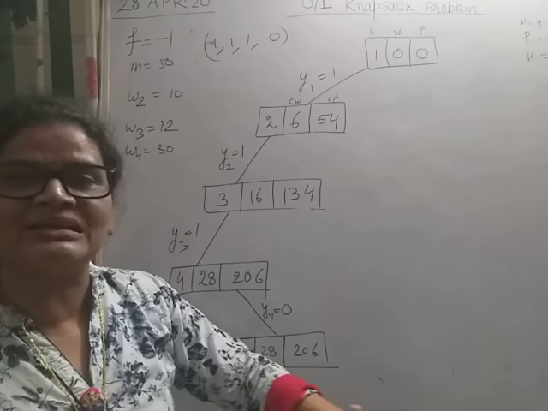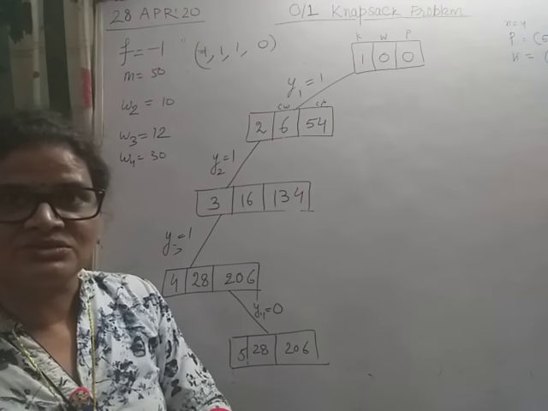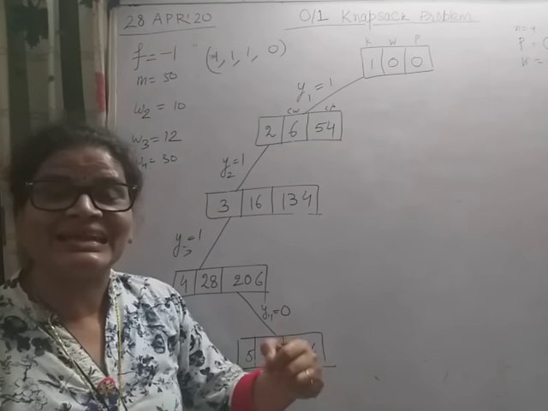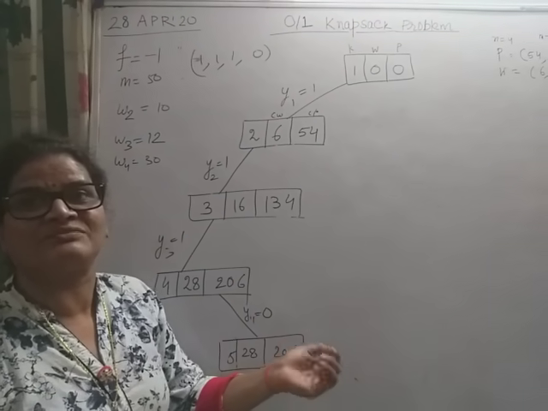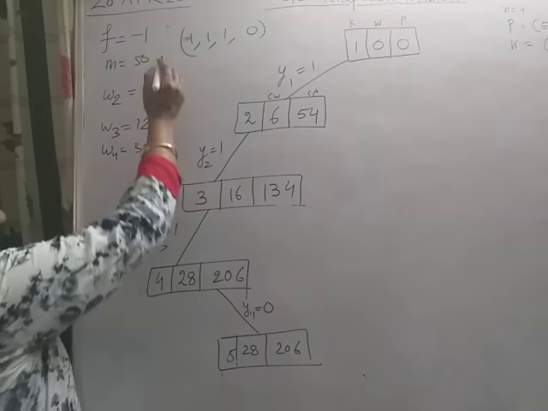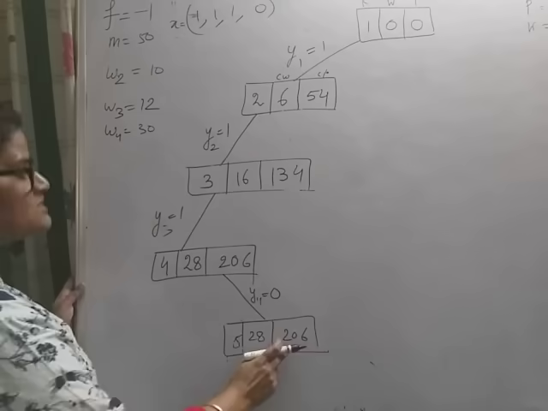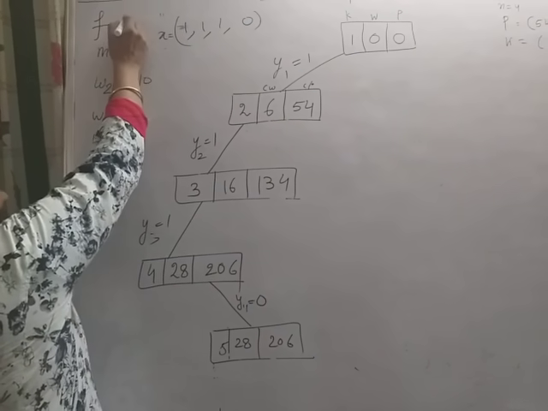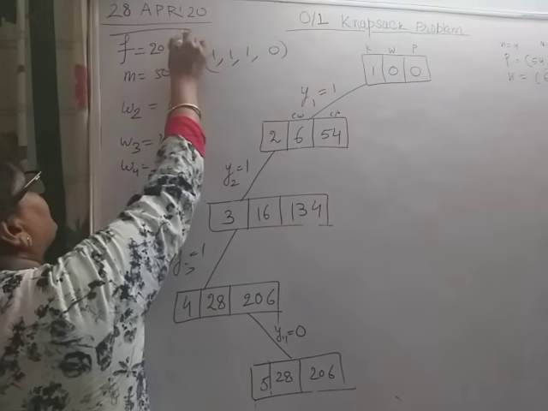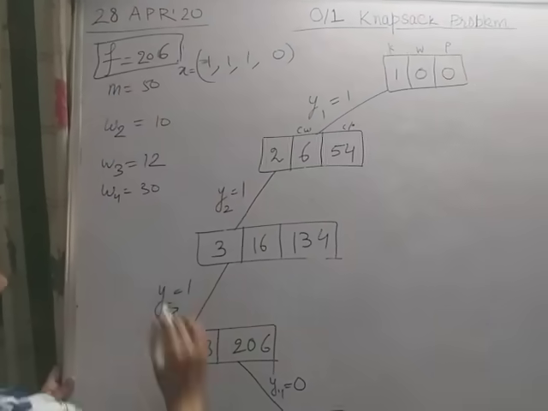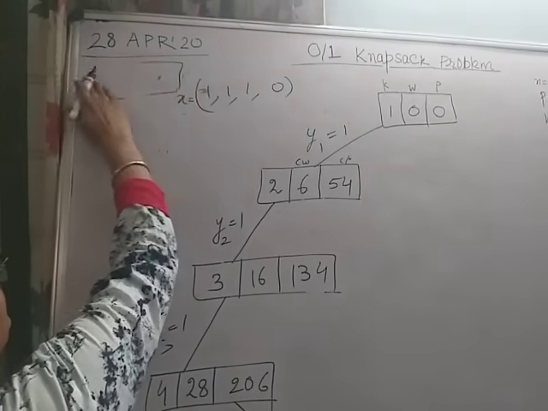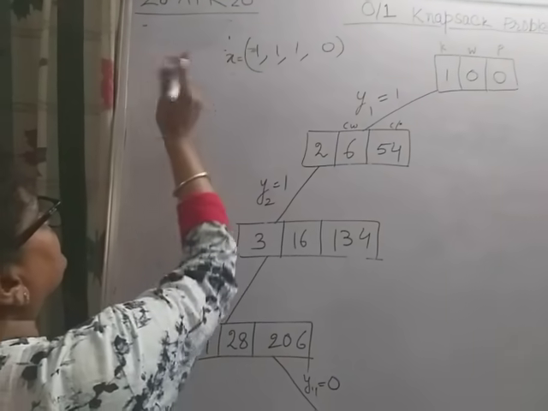In this way we generate a number of solution vectors, and as soon as we get any solution vector whose profit is greater than the previously generated solution vector, we update the previous solution vector. So at this time this is x and its profit is 206. Carefully note down that this f is 206.